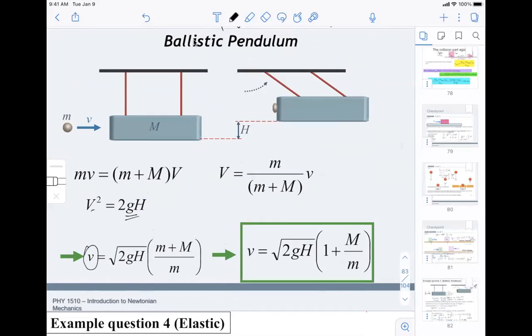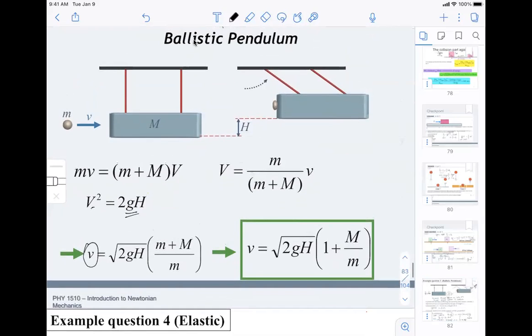We have done these types of problems 3 times: the hit and slide, collision and slide, or collision and the swing up. It's all the same process. You can see it's very similar, and all these 3 problems are perfectly inelastic collisions. Sometimes there are problems of elastic collisions as well.